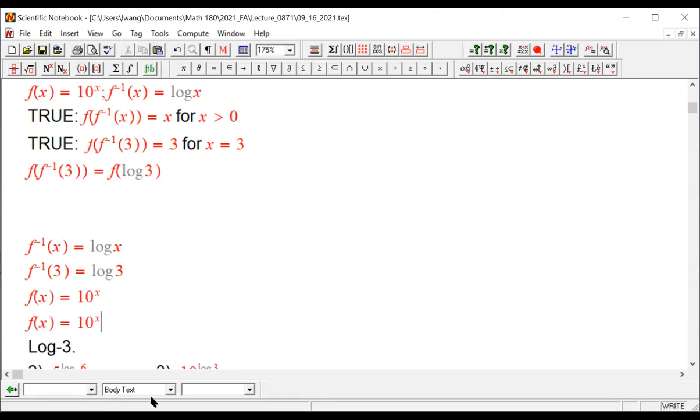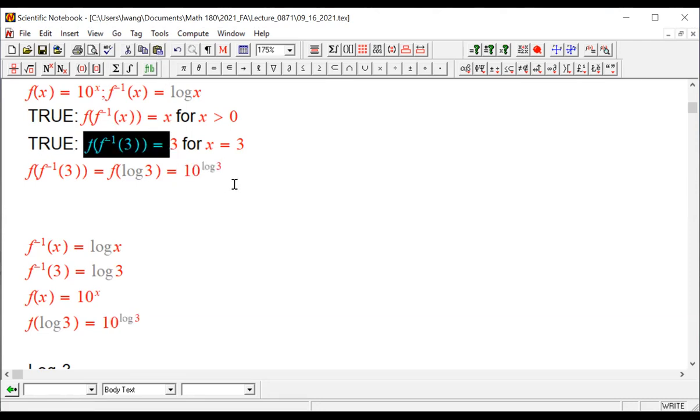And f says input x is going to power 10. So now input log 3 is going to do what? It is going to power 10. So log 3 is going to power 10. Follow me? And that's going to be 10 raised to the power of log 3. And we already know this is true. Therefore, this guy has to be what? Has to be 3, right? You guys follow me?